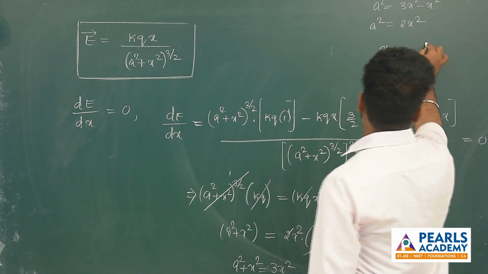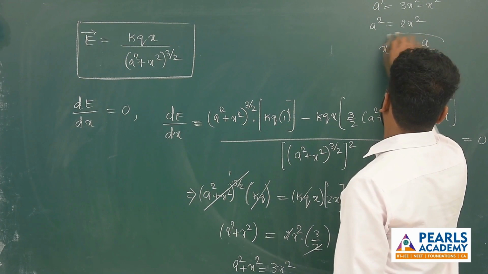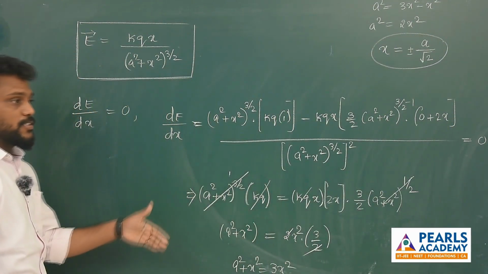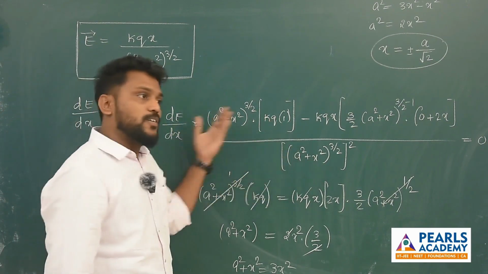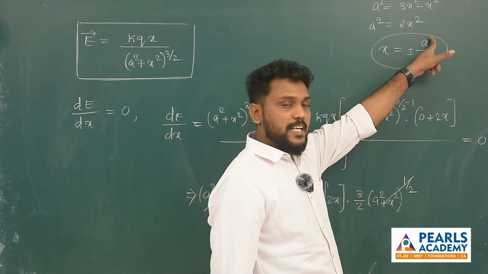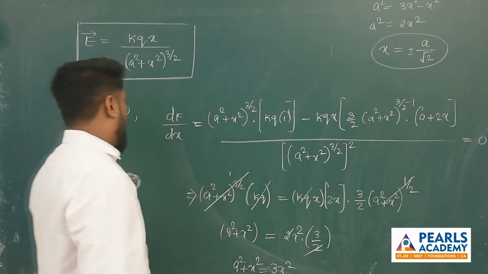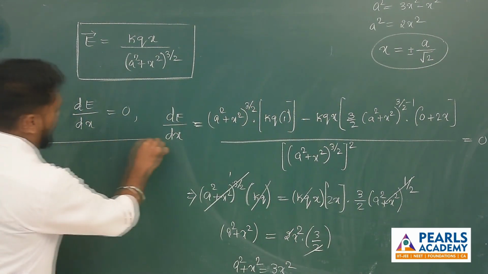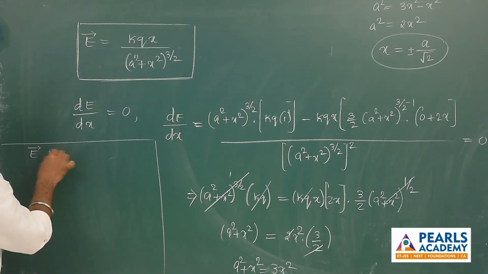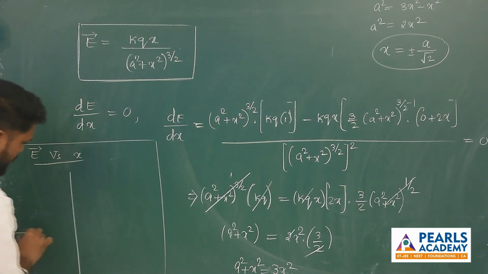Then the x value will be a by root 2, actually plus or minus, because it has both directions, like the electric field can possibly be towards left as well as towards right. In such a case, we take it as maximum at plus a by root 2 and minimum at minus a by root 2. So overall, if I plot a graph of electric field versus distance of the point P, it looks like this.